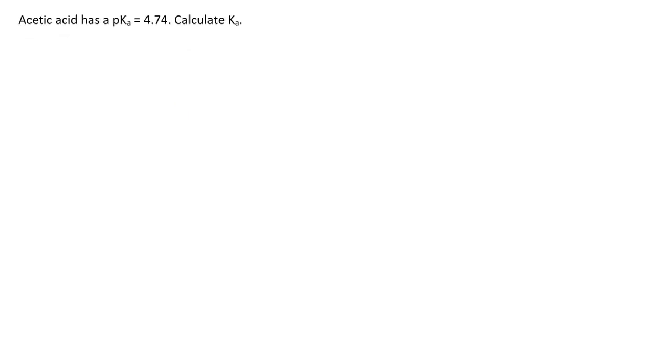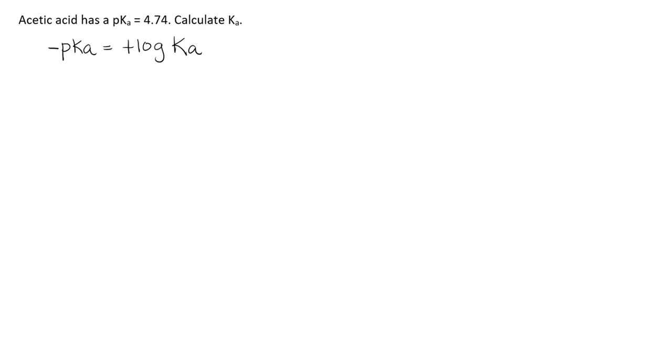Our next example is going in the other direction. We're given the pKa and we need to calculate Ka for acetic acid. So we'll start with the same equation, pKa equals negative log of Ka, and we'll rearrange it to solve for Ka. If we multiply each side by -1, that will give us negative pKa equals positive log of Ka.